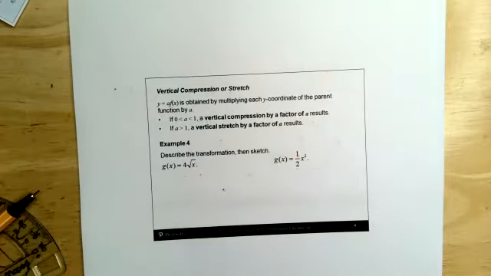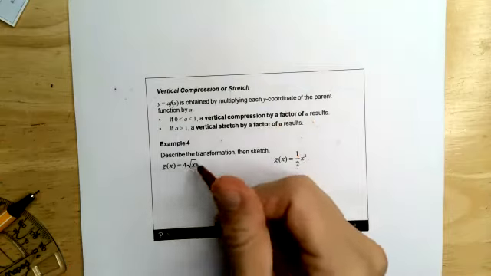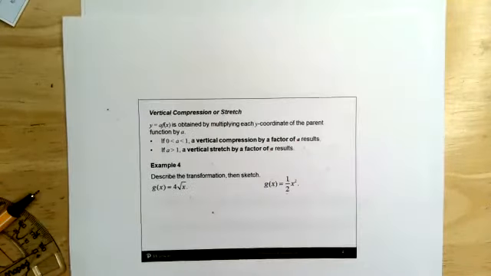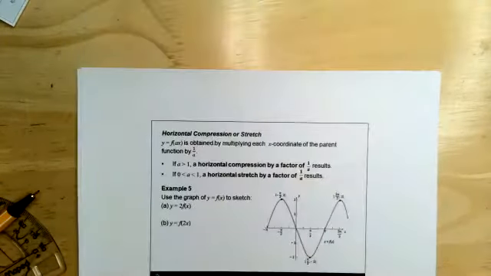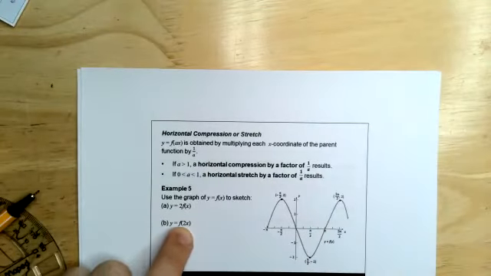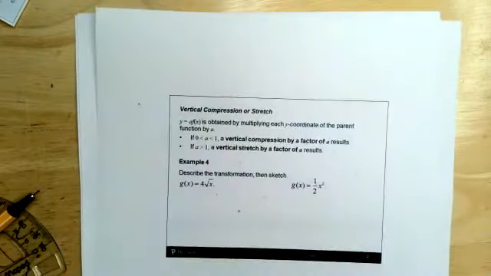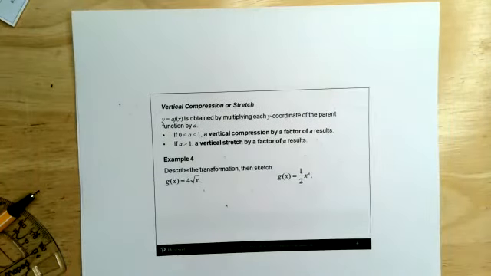If you are multiplying by the entire thing, that would be multiplying by y, or if you're multiplying just within the x, that would be a horizontal compression or a stretch. So a vertical compression or a stretch is obtained by multiplying each y coordinate of the parent function by a.